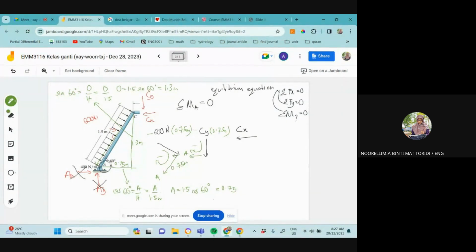Then we have CX, the distance towards A is equal to 1.3 meter. Okay, so this is counterclockwise, so this is positive, equal to 0. Okay, this one you simplify, and then we are still left with CY and CX. So still cannot solve because we have two unknowns.